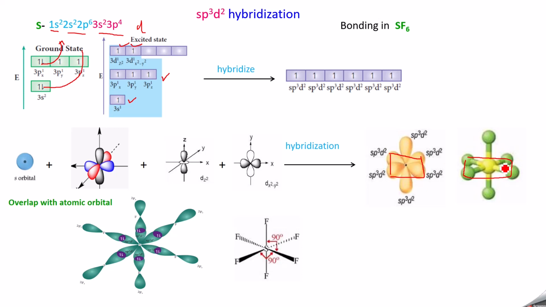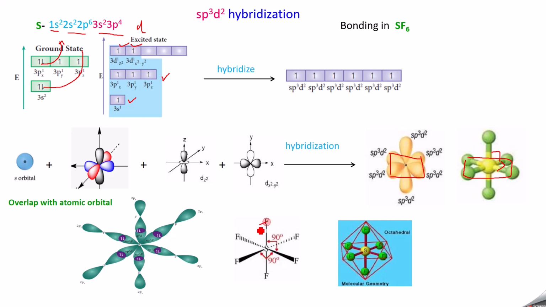So here, these are all perpendicular. This one is perpendicular to this one, and this one is perpendicular to this one, and these two will be perpendicular to each other. So each one will form an angle of 90 degrees. This is the shape of sulfur hexafluoride, which we call octahedral, because these will be in one square plane, and this fluorine and this fluorine will be perpendicular to each other.